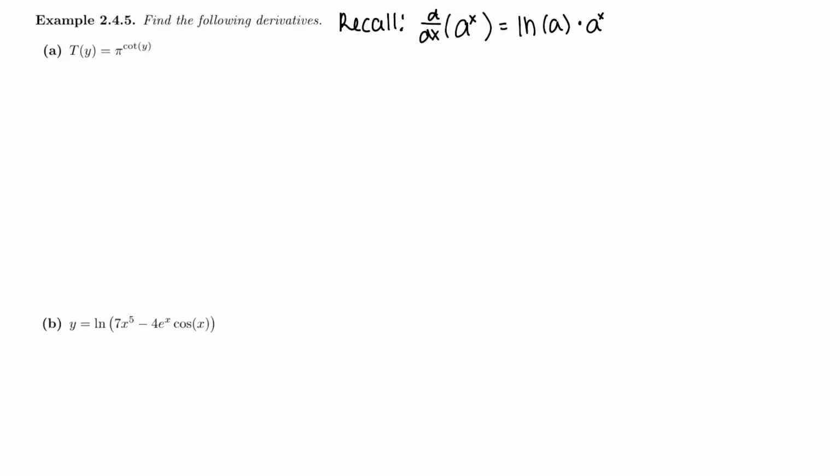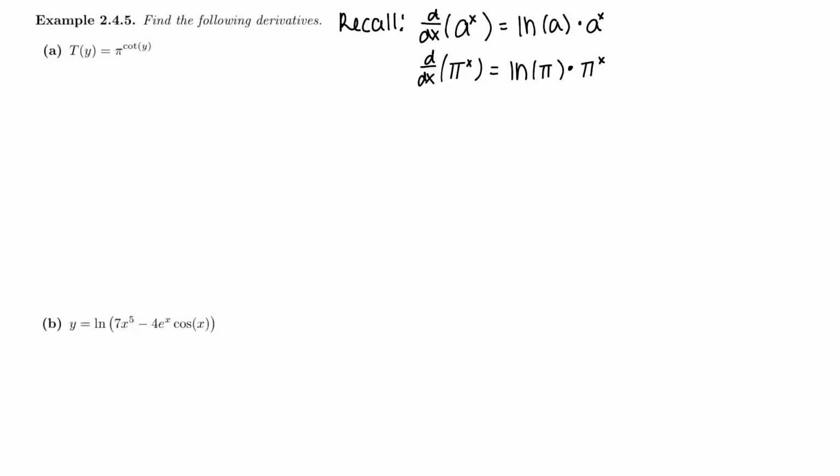So in the case of pi, the derivative of pi to the x would be ln of pi times pi to the x. Now we don't just have pi, right? We have pi raised to the cotan y.